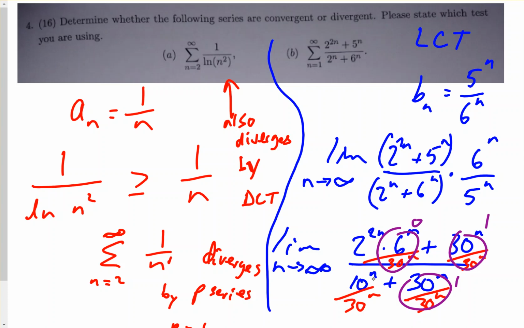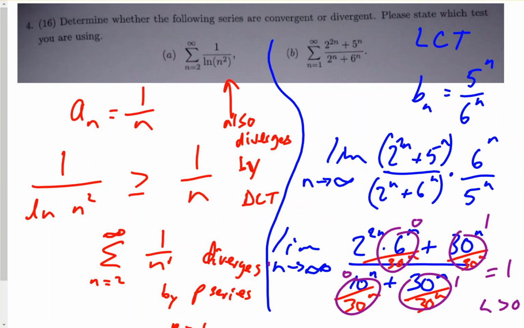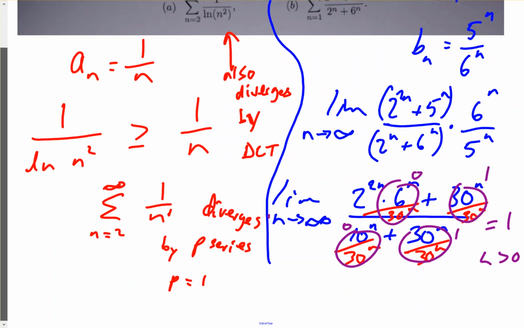And then this will be 1/3 to the n, so this will be 0. So we end up with a limit of 1, which is greater than 0, which means that an and bn act the same.